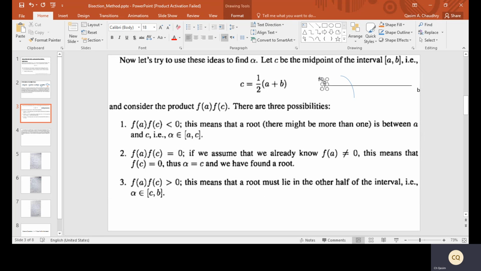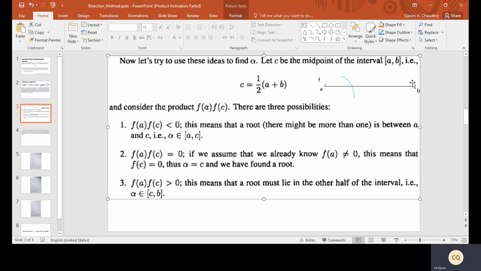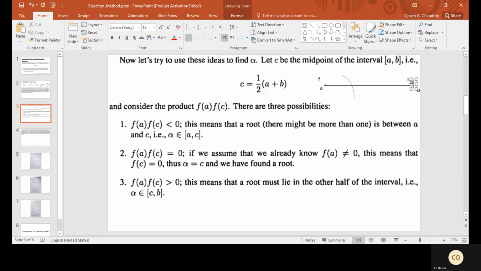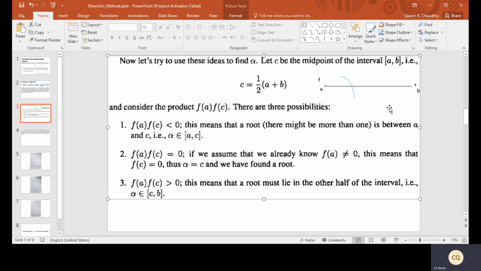So let's say this is your negative answer, right? And on the other side, let's say this is your positive answer. So here this is positive. So it means the root lies within this interval.